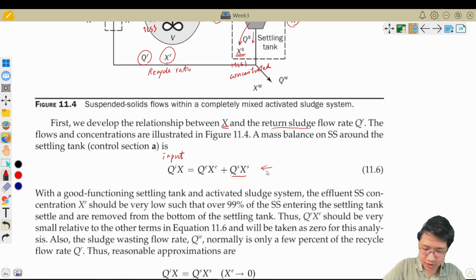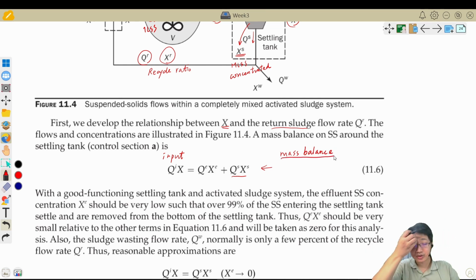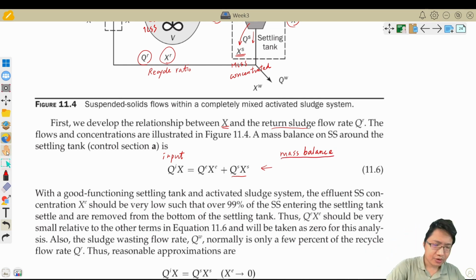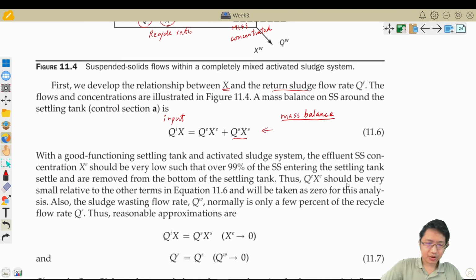This is the mass balance in your sedimentation tank.